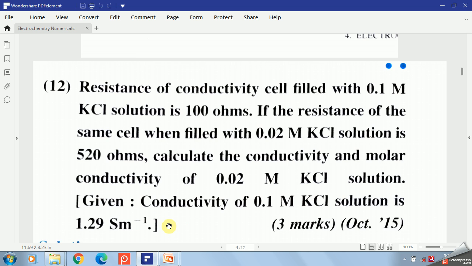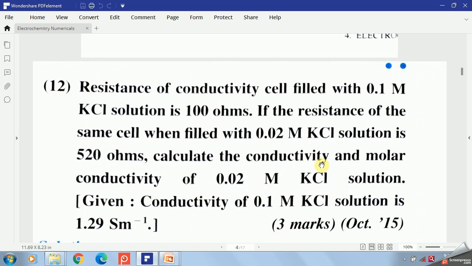So first concentrate on the given things. Don't think that it is very difficult. Resistance of the conductivity cell with 0.1 molar KCl is, let us suppose, denoted by R1, 100 ohm, and another solution, 0.02 molar KCl solution, whose resistance is R2, which is equal to 520 ohm.